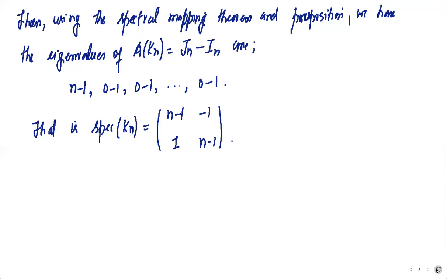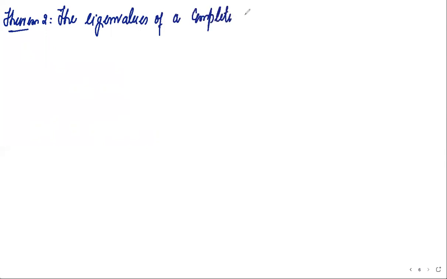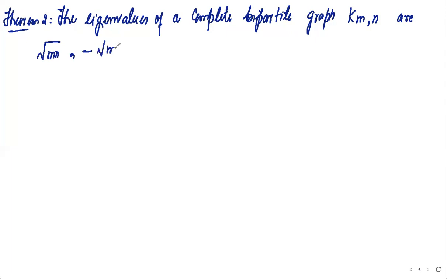So in the next theorem, theorem number 2: the eigenvalues of a complete bipartite graph Kmn are square root of mn, negative square root of mn, and 0, m plus n minus 2 times.